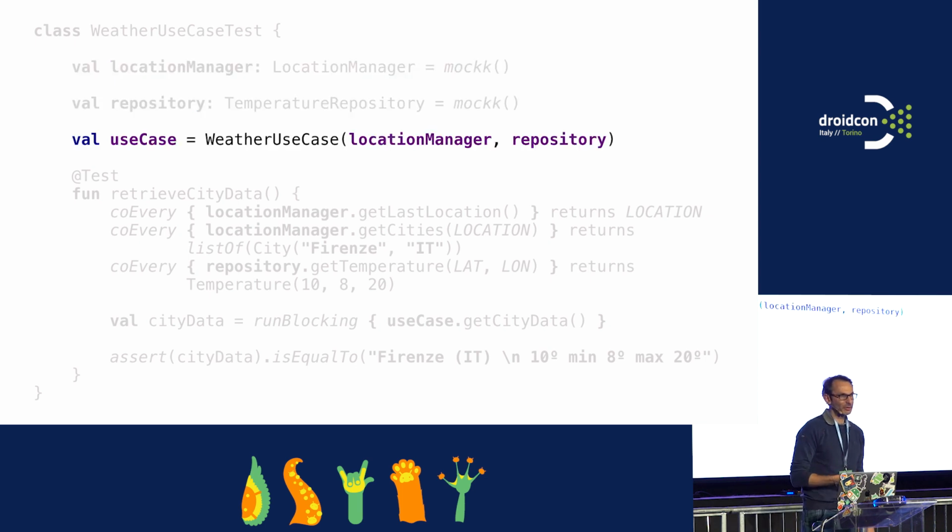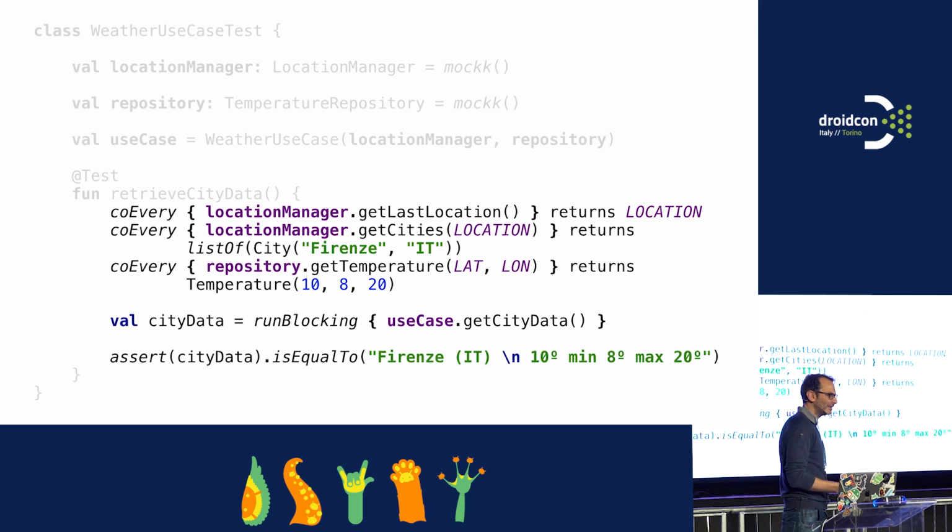Then we use dependency injection to create the object that we want to test, passing the mocks of the two collaborators. And then inside our method, we just define how the collaborators work, which values they should return.